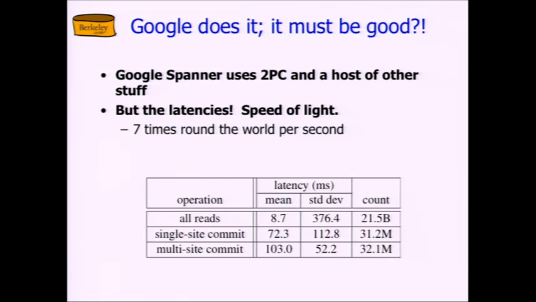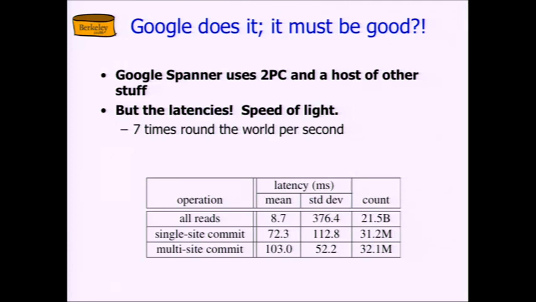The funny thing is you've got to stare at this paper they wrote for a little bit because it uses two-phase commit and a bunch of other stuff, including synchronized clocks, all kinds of things. But in the end, if you want transactions from it, it's using two-phase commit. And then you stare at this thing, and Google lives on the same planet as we do with the same physical constraints, despite having pretty good code.